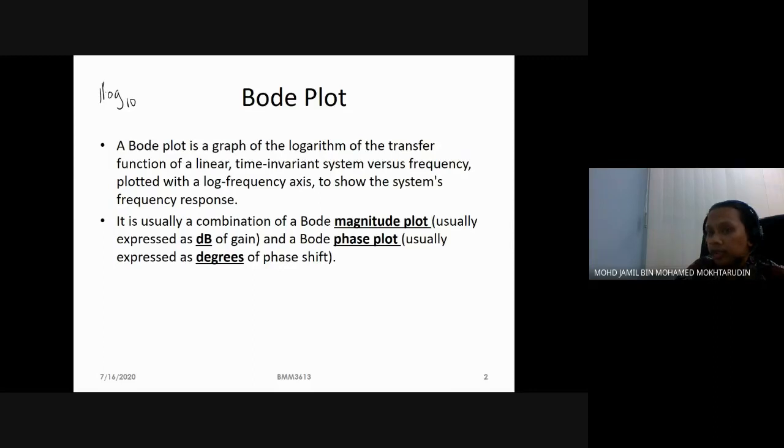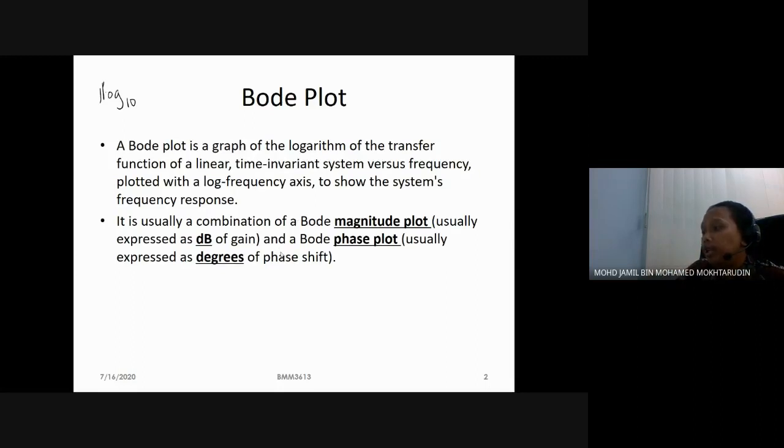Because in your transfer function, you want to plot the magnitude or the angle for a large range of frequency. You can have frequency from 0 up to maybe 10,000, for example. So you use a log plot so that you don't need to have a very large graph. Instead of using a large graph, you use a log plot so that you can reduce the size of the x-axis.